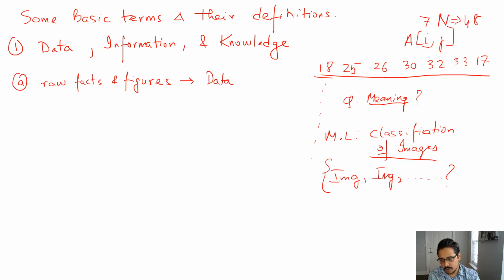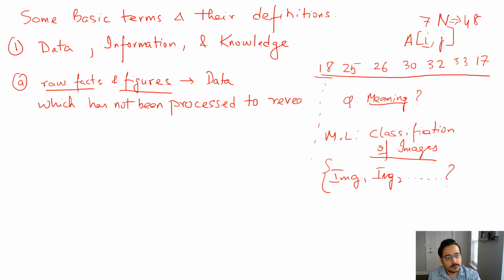So if we want to define what data is, we can say that it is simply raw facts and figures which have not been processed to reveal any meaning. Okay, so that is what data is.